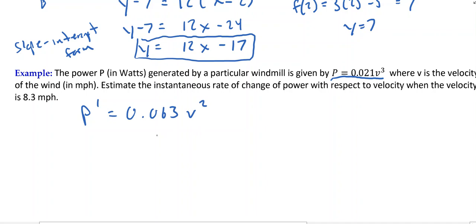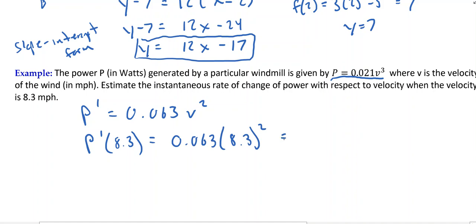Now we just need to evaluate that derivative at 8.3. So we have 0.063 times 8.3 squared. And so 8.3 squared times 0.063 is 4.34.